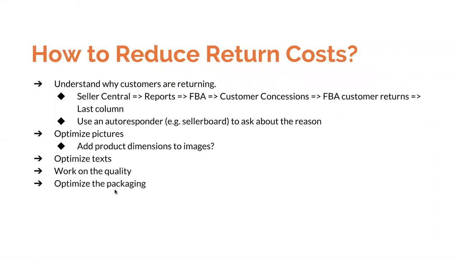That's kind of obvious, but one more thing that you can do is optimize the packaging. If your packaging is not closable, for example if your items are sealed, then the customer opens the item, looks at it, sends it back, and then Amazon says, okay, the packaging is damaged, because there's no way to close it so that it looks new. If that's the case, but you are very sure that your products are not often broken, then just invent or work on your packaging.